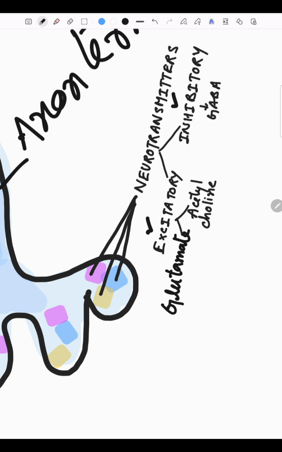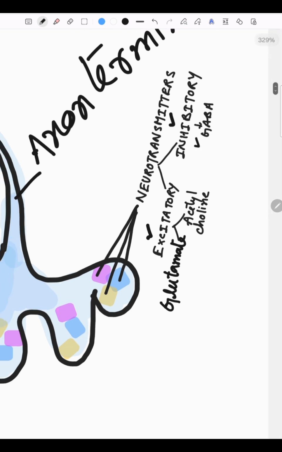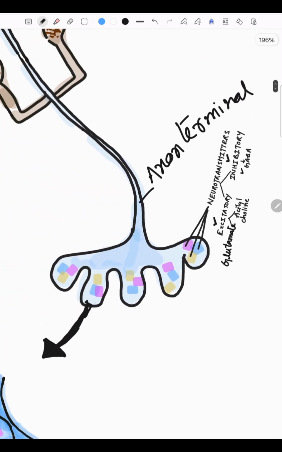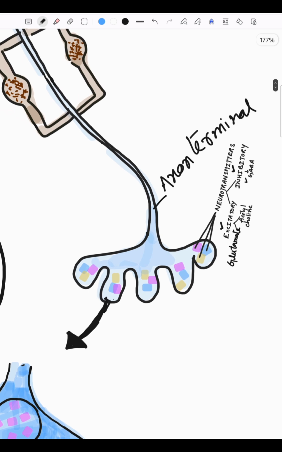An inhibitory neurotransmitter is GABA. So here is the axon terminal, and it houses the different kinds of neurotransmitters.